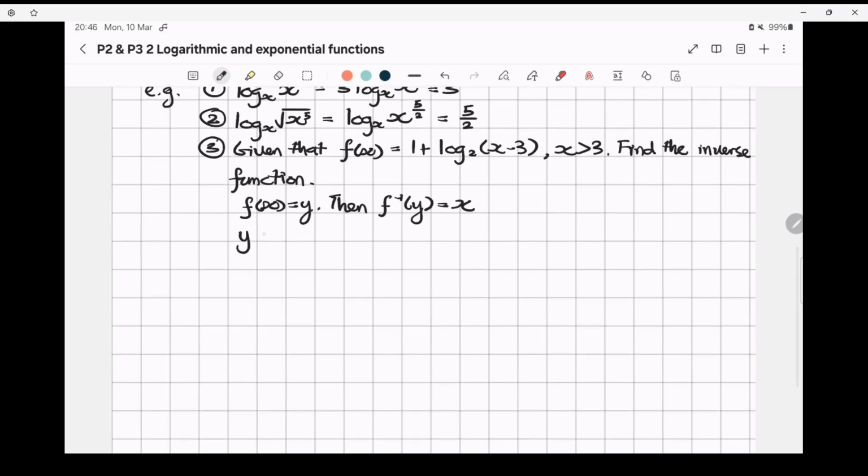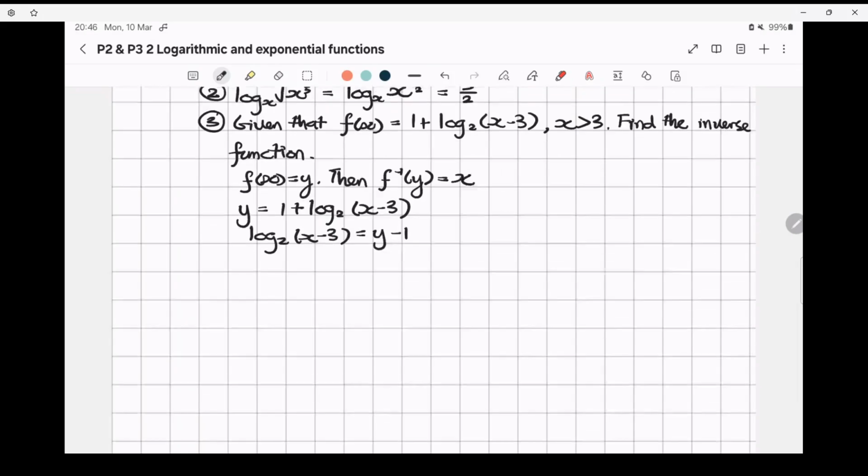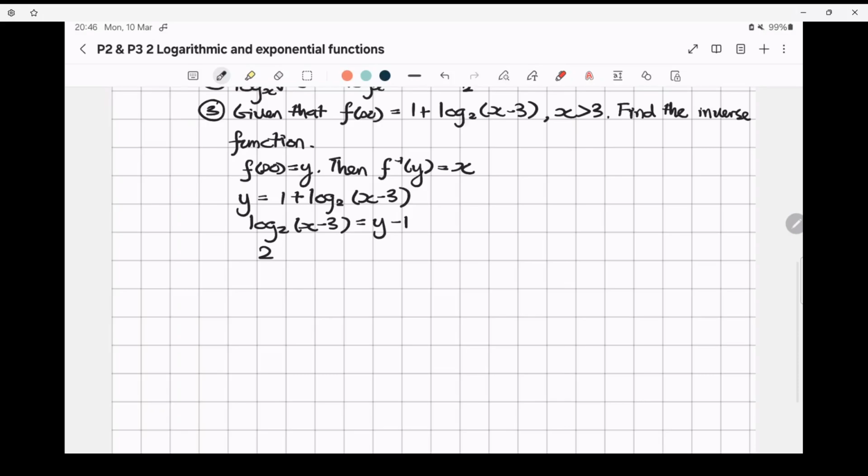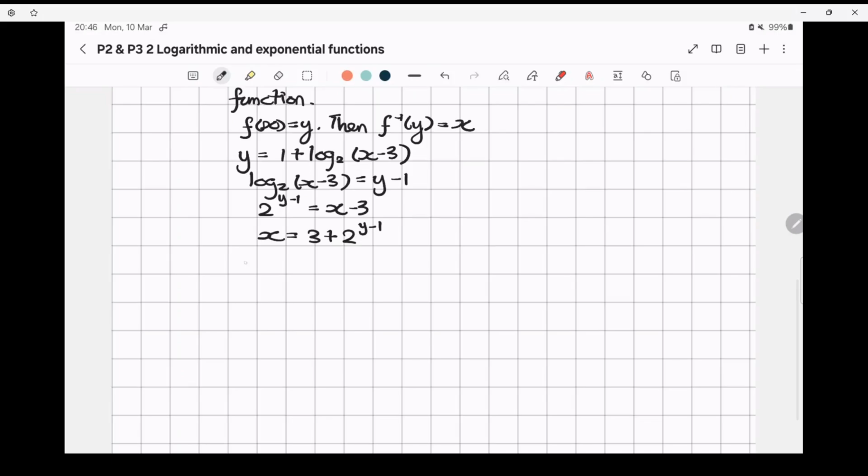So y equals 1 plus log base 2 of x minus 3. So log base 2 of x minus 3 will be equal to y minus 1. Using the definition of logarithm, 2 to the power of y minus 1 equals x minus 3. So x will be equal to 3 plus 2 to the power of y minus 1, or the inverse function will be 3 plus 2 to the power of x minus 1.